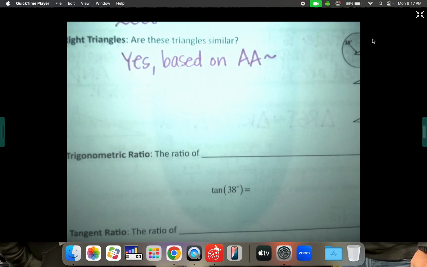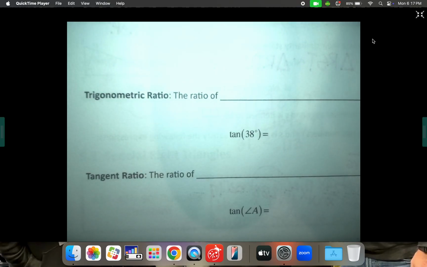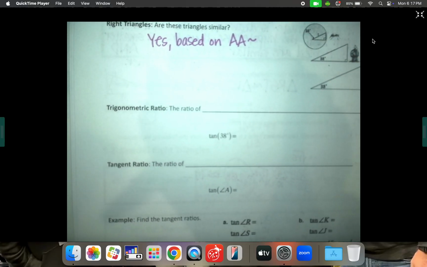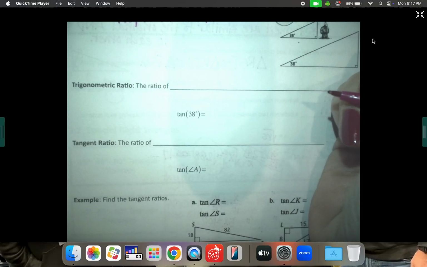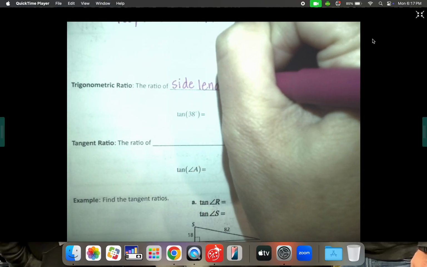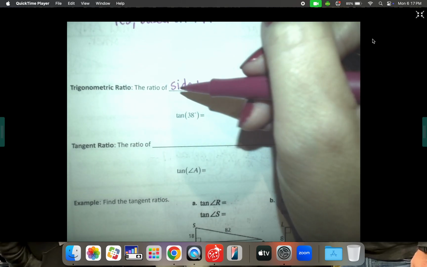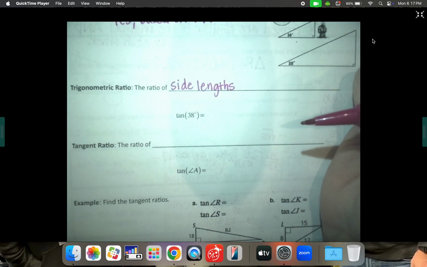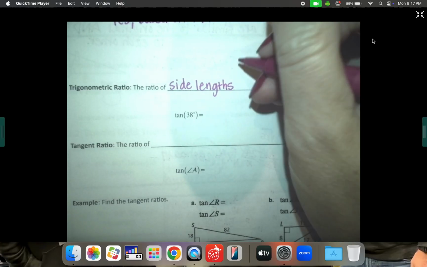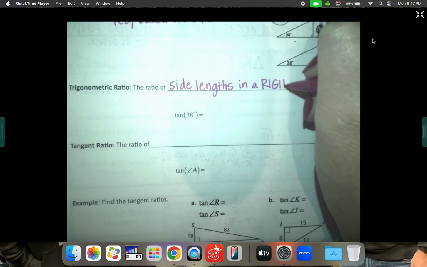Okay. Before we get into the specific tangent ratio, you should probably first know what a trigonometric ratio is. So a trigonometric ratio is a ratio of side lengths. Your calculator has these fancy buttons that actually have the ratios of side lengths of right triangles kind of built in. The side lengths have to be in a right triangle.